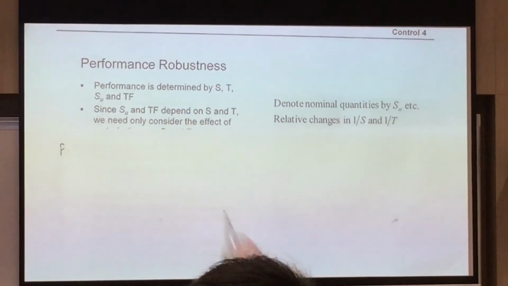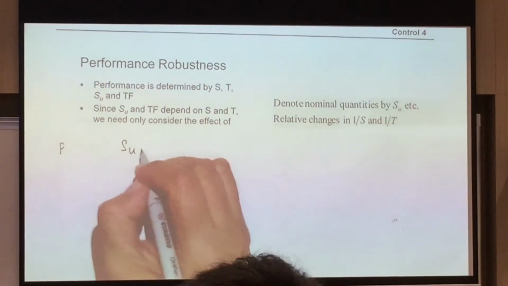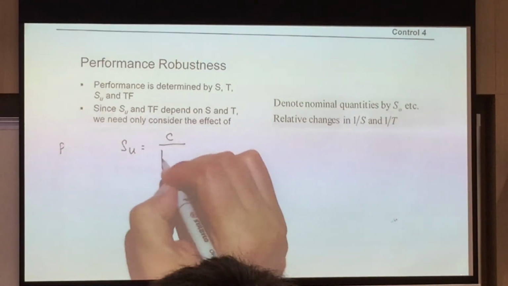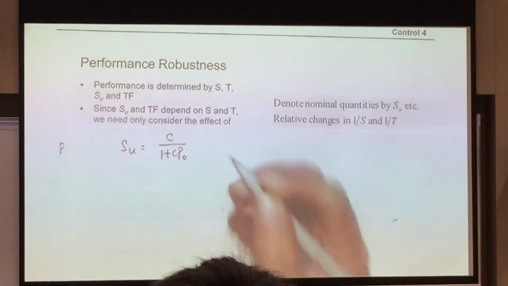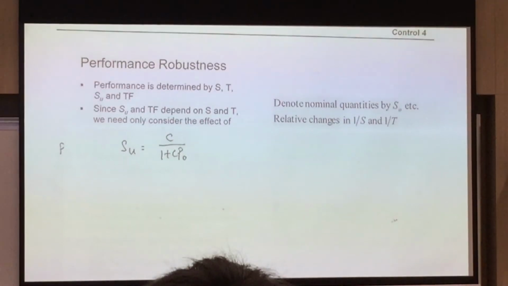So you have Su, which is C over 1 plus Cp naught.